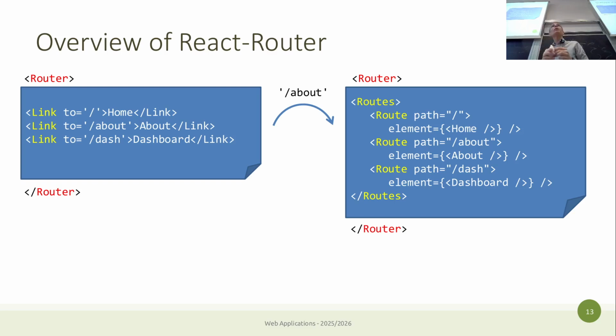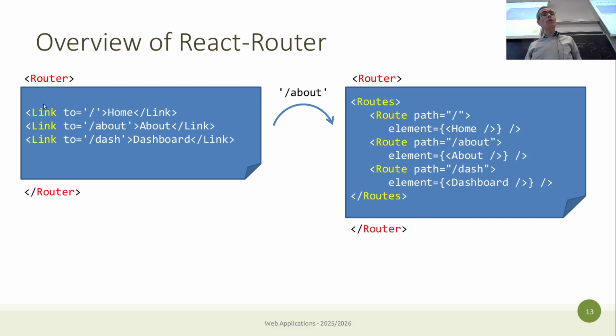But then, how do we use it? We need to modify this URL. At the moment, we have no way of modifying this URL. There is the anchor tag, right? The anchor tag makes you navigate to a different URL. But that's not what we want in a single-page application. In a single-page application, we want the possibility to tell the router we want to change the URL.